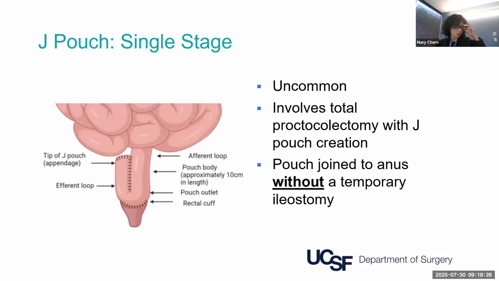We sometimes do it in one stage, which is quite uncommon given the complexity of the surgery and all the potential complications that can occur. But this is how we would form a J-pouch. We fold the ileum in the shape of a J. So the pouch itself is kind of two limbs.